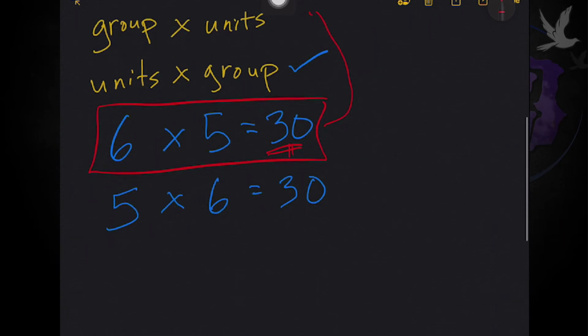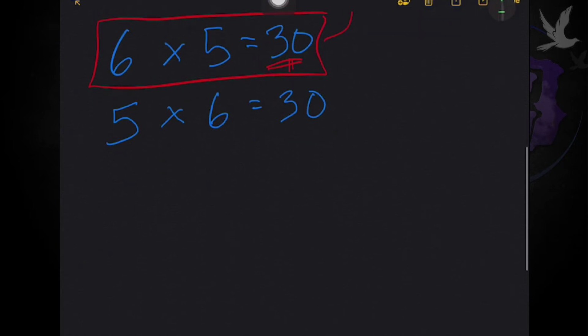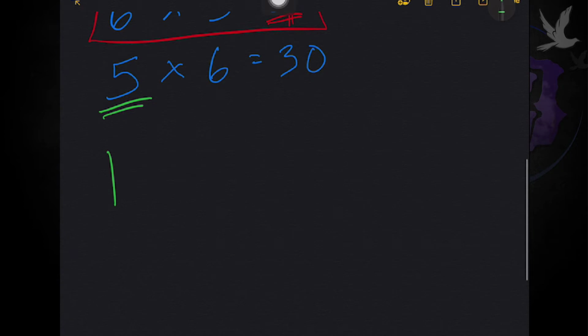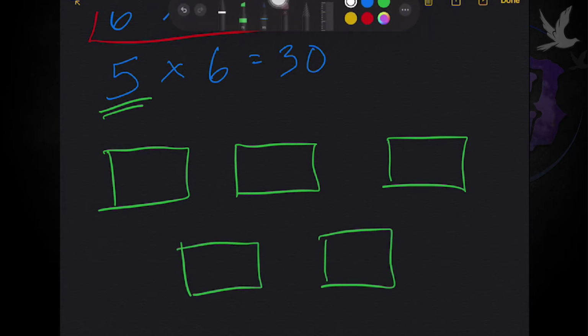Now, what if we are going to do it the other way around? For example, 5 groups. You have 1, 2, 3, 4, 5. How many units in each group? 6.